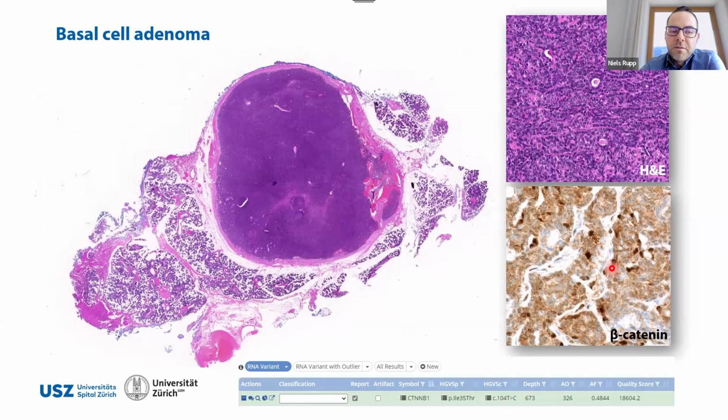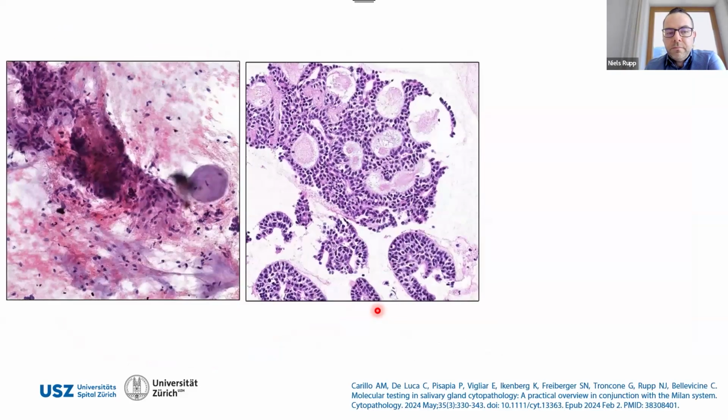However, there are sometimes also basal cell adenocarcinomas which can show beta-catenin nuclear reactivity, but usually they are negative on the molecular sequencing. Depending on the clinical aspect, it's sometimes better to just call it a lesion from the spectrum of basal cell neoplasm, and the final diagnosis, whether there's invasion or not, has to be made on the resection specimen.